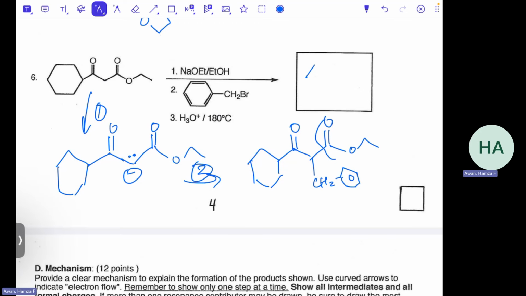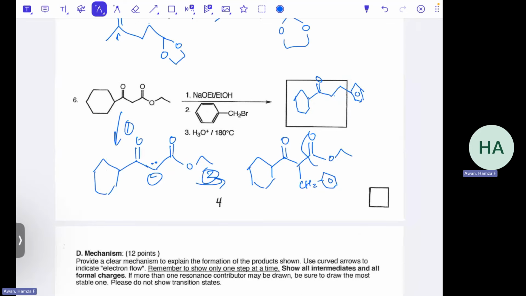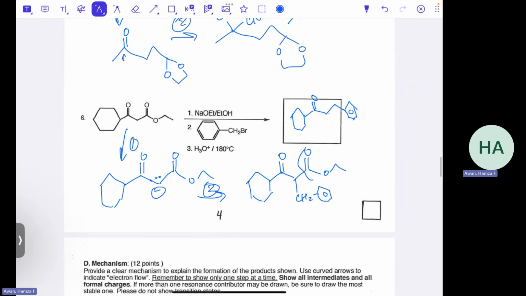It would cause the final product to look like this: CH2, and then, wait, okay, so that's a C, CH2, then our benzene ring. Are there any questions on this one?